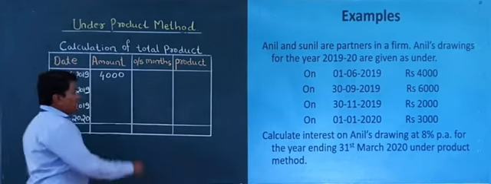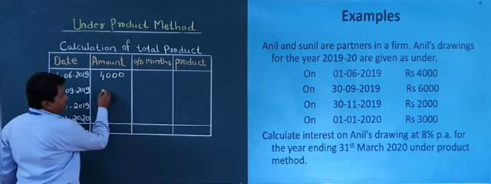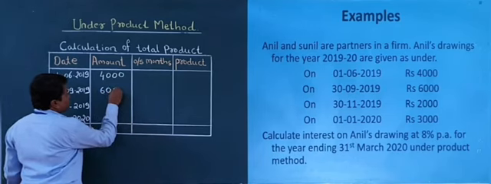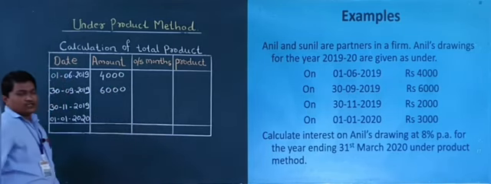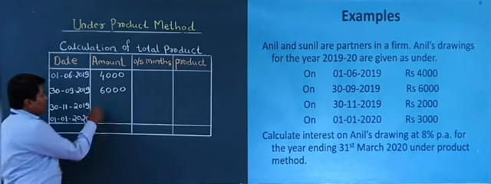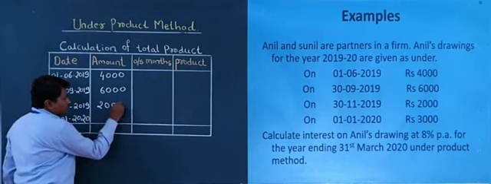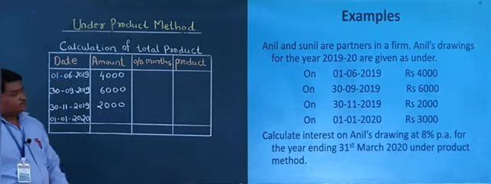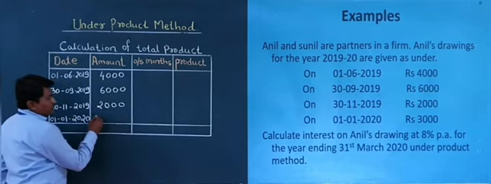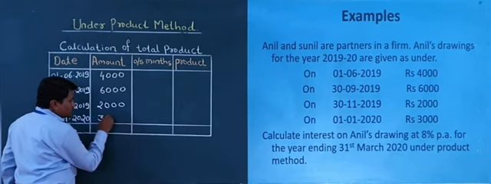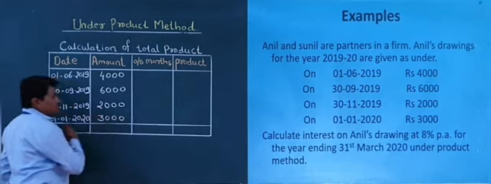Now I will write the amounts. On 30th September, how much did he withdraw? Yes, 6,000. On 30th November, how much did he withdraw? Rupees 2,000. On 1st January 2020, he withdrew rupees 3,000.